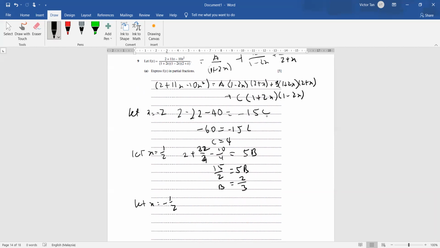Next, x equals minus half. So this is 2 minus 22 over 4 minus 10 over 4 equals, with minus half, 1 plus 1 is 2, 2 times 3 over 2 is 3, 3A.